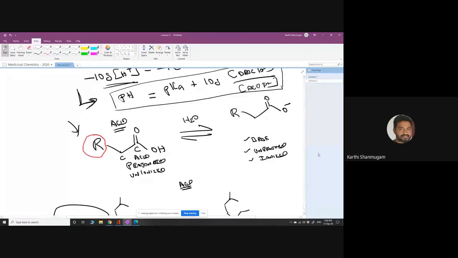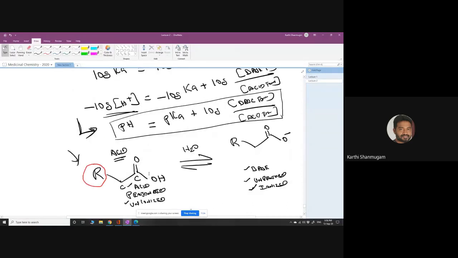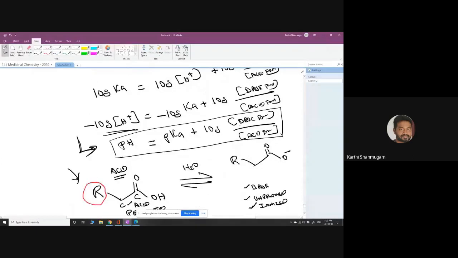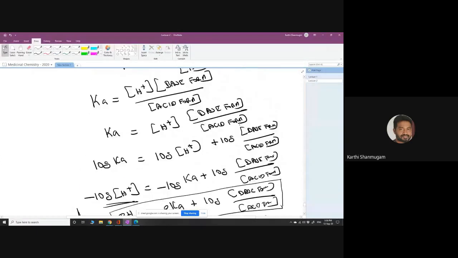So the base form is the ionized form, and the acid form is the unionized form. Do you agree?